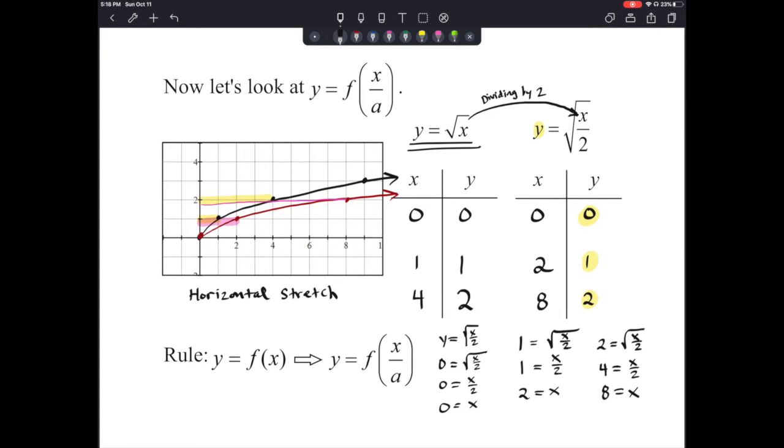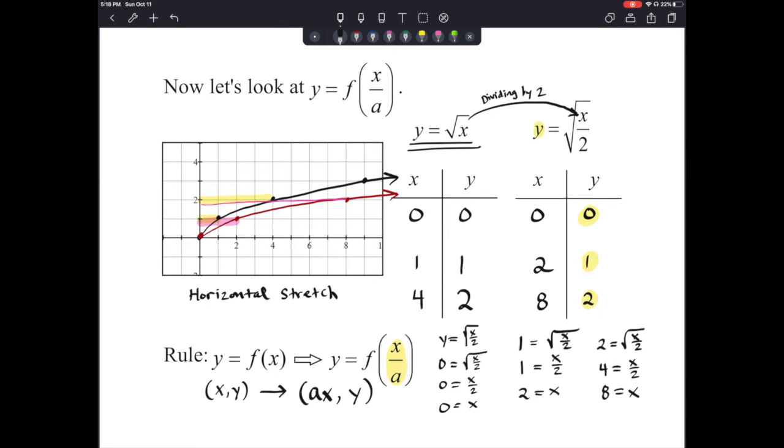And the rules that will follow here will be x comma y, and then when we horizontally stretch it, remember what you're seeing here is x divided by a. Well, when you see x divided by a, we know then we're going to do the inverse of that. We're going to do a times x and then comma y.